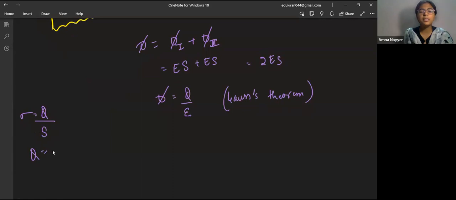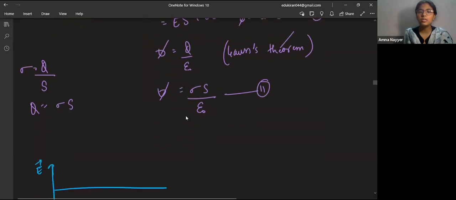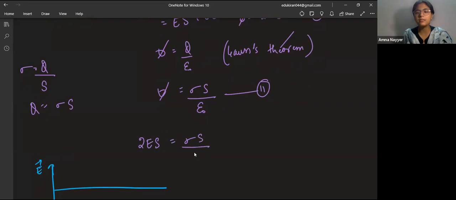So charge will be equal to sigma into S. So flux will become equal to sigma S by epsilon naught. Now this is the first flux, and this is the second flux. You can equate both of these. So 2ES is equal to sigma S by epsilon naught. S gets cancelled. Electric field becomes sigma by 2 epsilon naught.